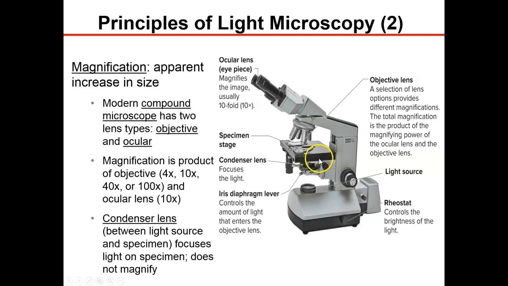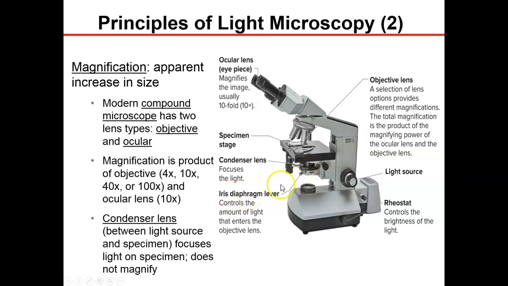Coarse focus moves the stage up and down. Fine focus is going to tweak the image. So we use coarse focus on the lowest powers, scanning and low power, but we use fine focus on all 4: scanning, low, high dry, and oil.